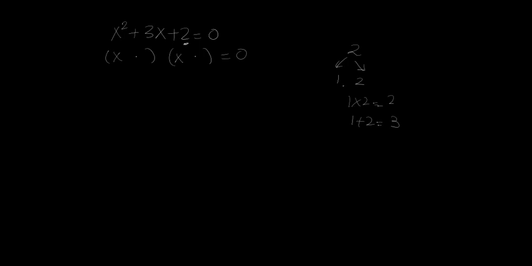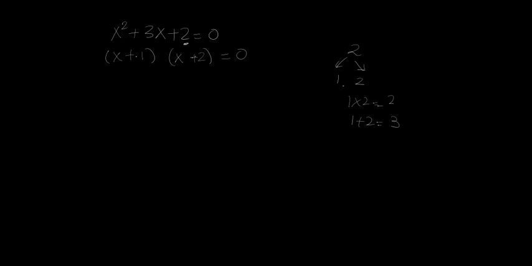So we can see here that if we break down the 2 in terms of 1 times 2, 1 times 2 gives us 2, which is the last digit here, and 1 plus 2 gives me 3, which is the middle digit. So the answer would be x plus 1 and x plus 2.